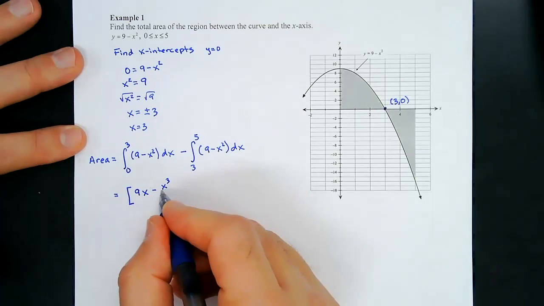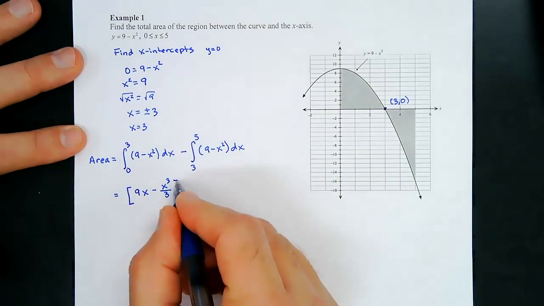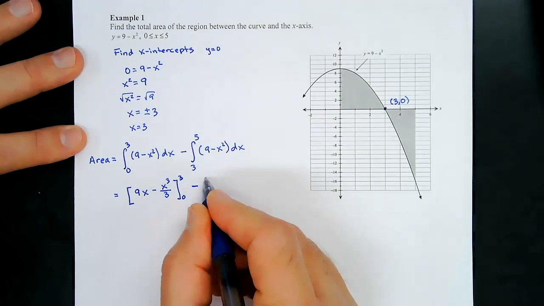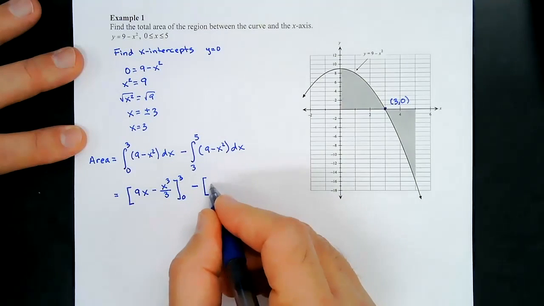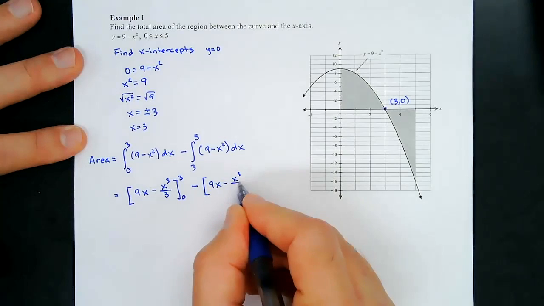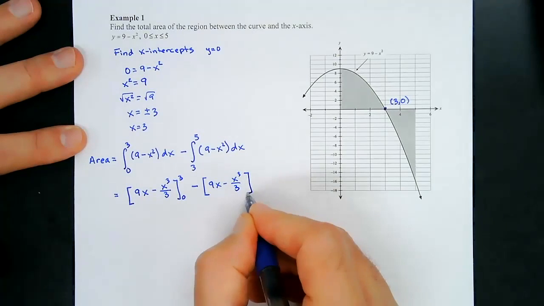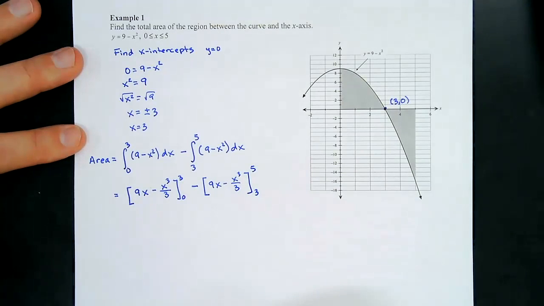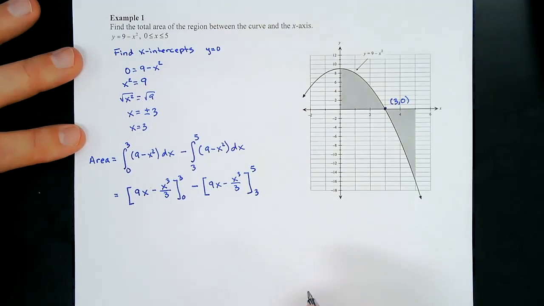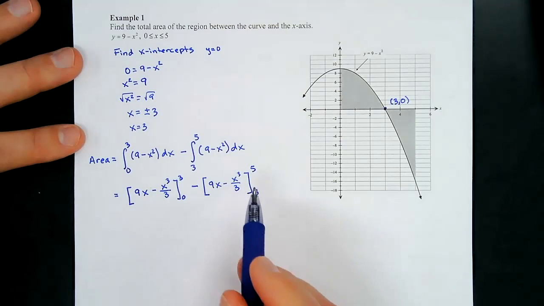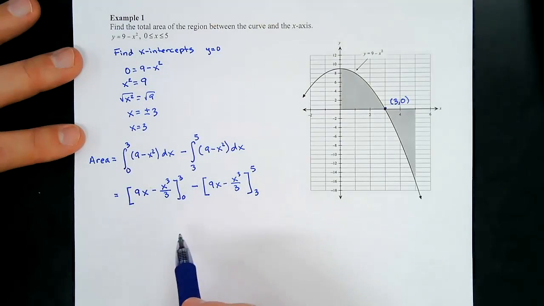We're going to evaluate that one from 0 to 3, and then minus this, which would also be 9x minus x cubed over 3, and we're going to evaluate that one from 3 to 5. Okay, and this will give us the area of the region, because this integral right here, if we evaluate this, will come out to be negative, and we're going to subtract it.